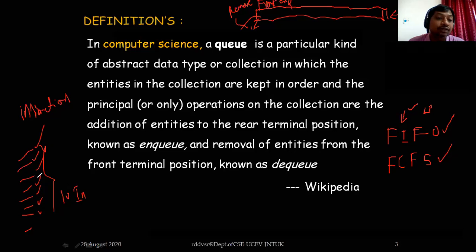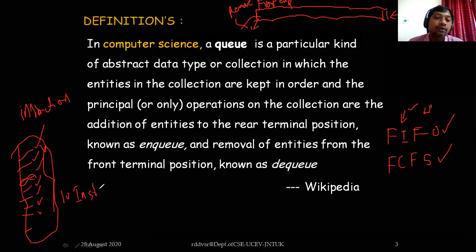That means we cannot execute the third statement first, then the first statement, or the fifth statement, or the last statement. We have to follow a certain order. So this is what we call the instruction queue.